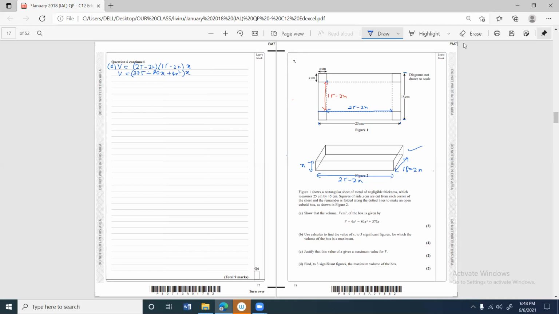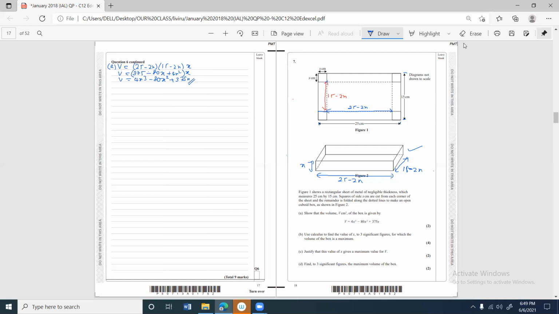Then the volume becomes simply 4x cubed minus 80x squared plus 375x. Simply, you can get the volume over here.